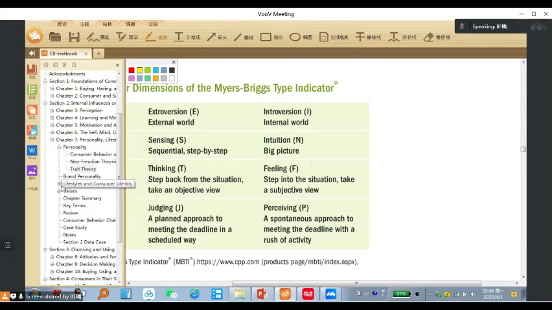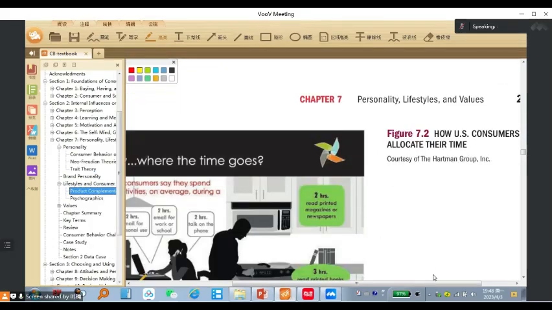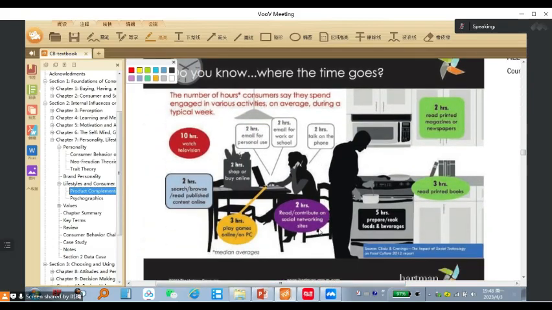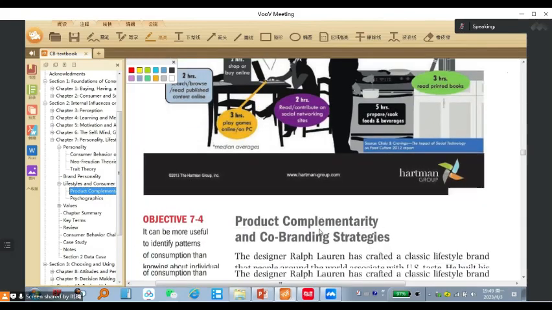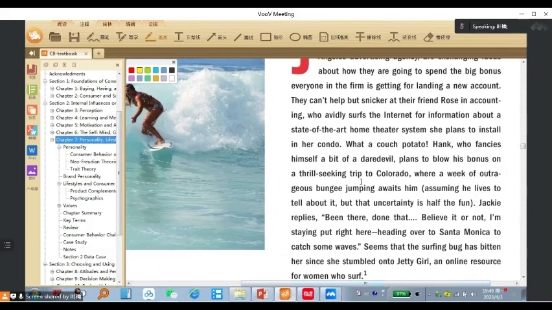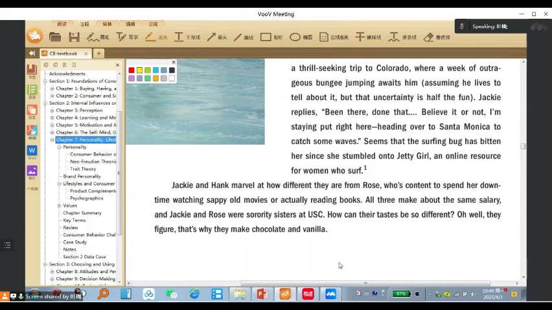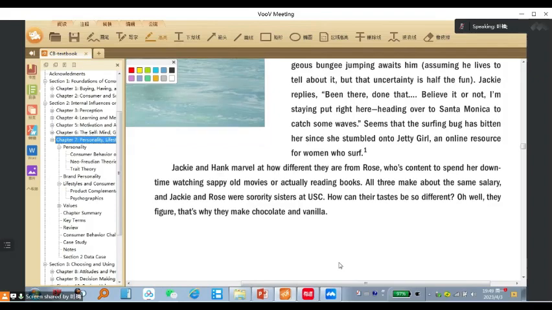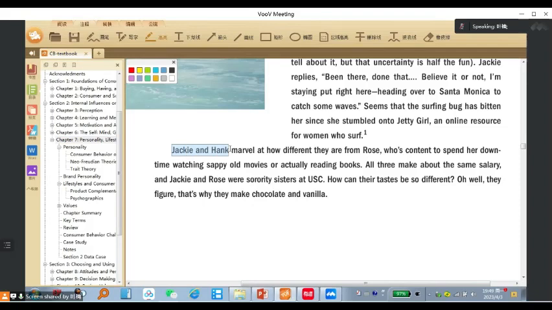The introductory example here shows the different ways people spend their time. Jackie and Hank marvel at how different they are from Rose, one of their colleagues, who is content to spend her downtime watching sappy old movies or actually reading books.